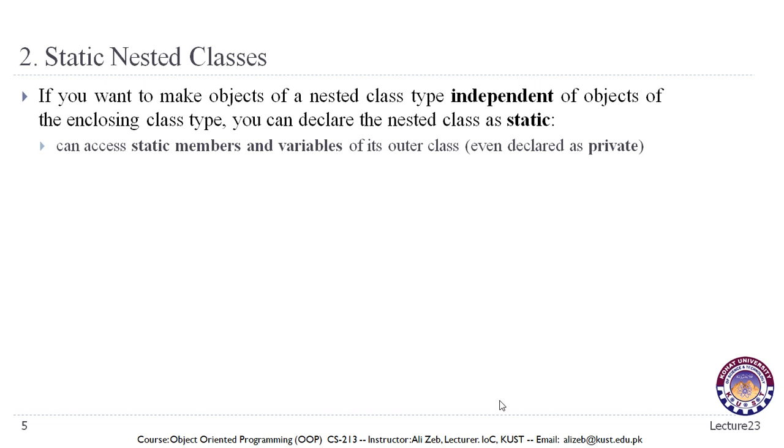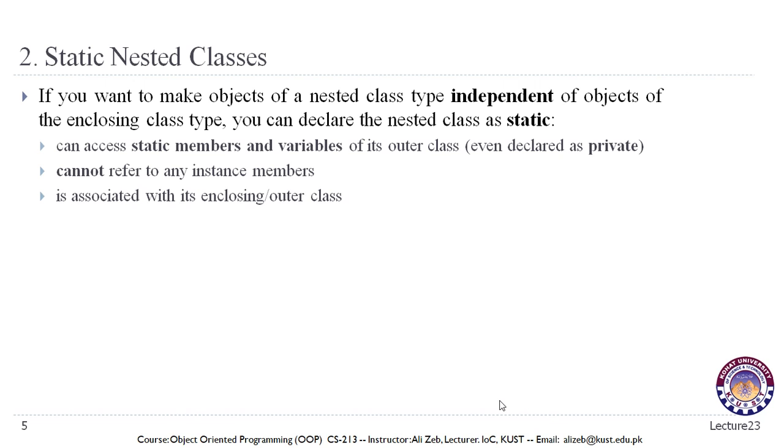It can access static members and variables of its outer class even if they are declared as private. It cannot refer to any instance members, so it can only access the static members and variables. It is associated with its enclosing or outer class and behaves as any static member of the outer class.